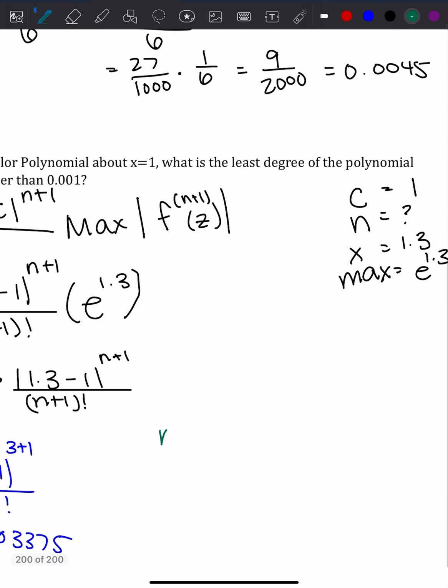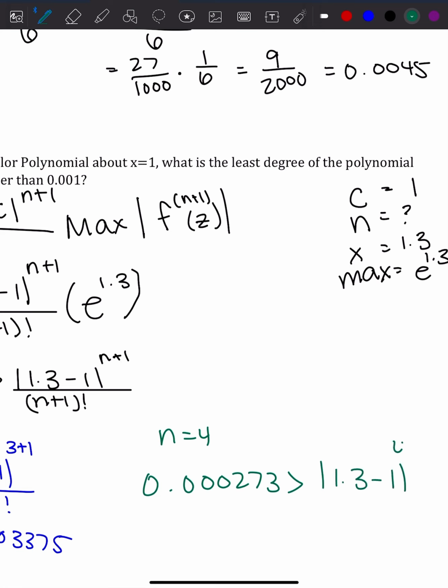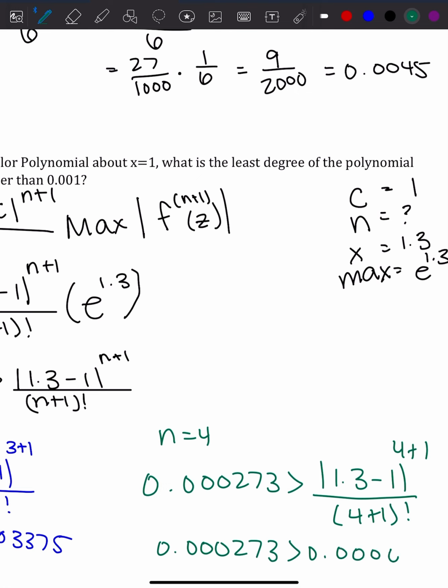On the other hand, if we look at n equaling 4, for our same thing, we're looking at 0.3 to the 5th power, and we are going to be dividing that by 120. This gives us 0.00002025.